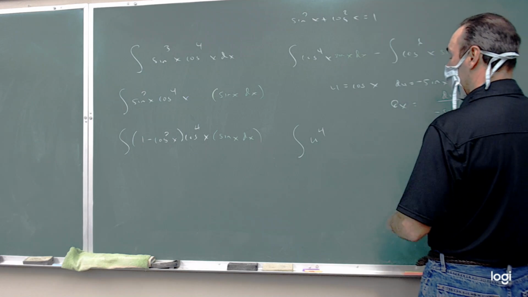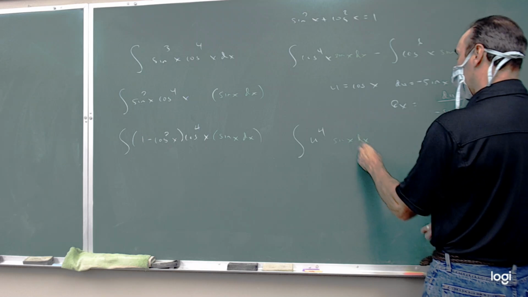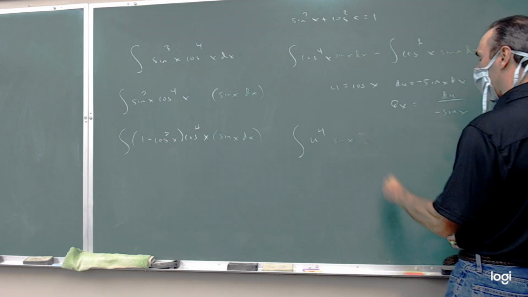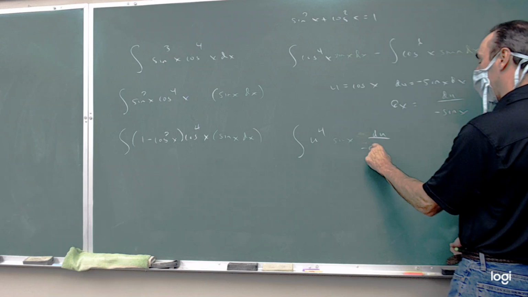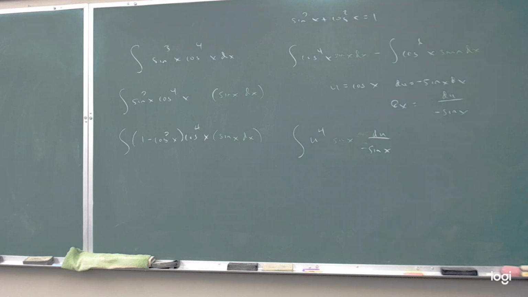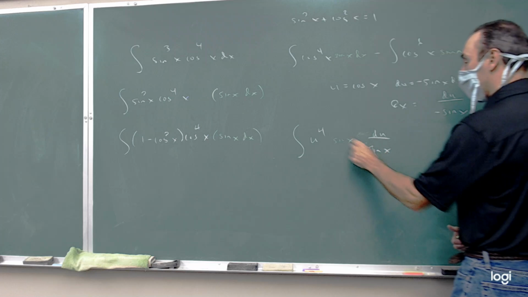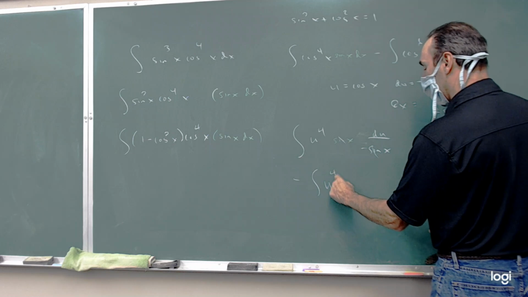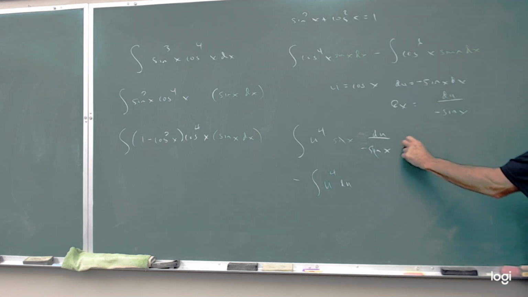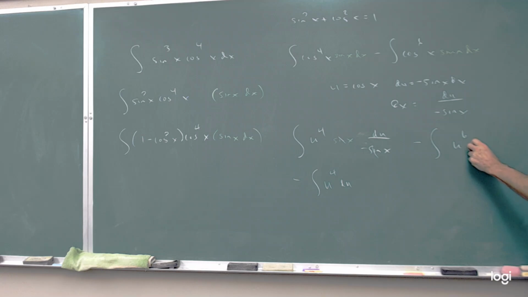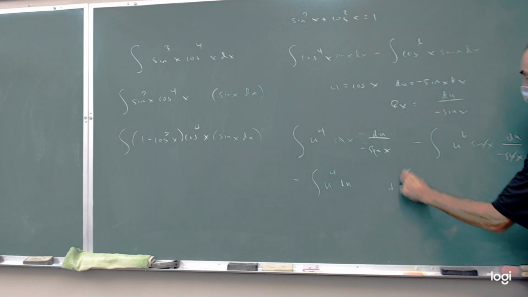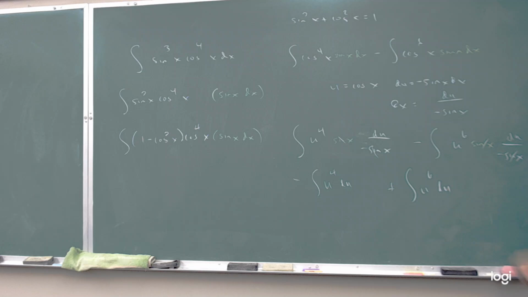We trade in the dx for a du over negative sine x. That's why we carried that sine x all along, because now we have an integral that we can do. Similarly, we've got u to the 6th, and that sine x we need for our du over negative sine x, and that becomes a plus integral u to the 6th du.